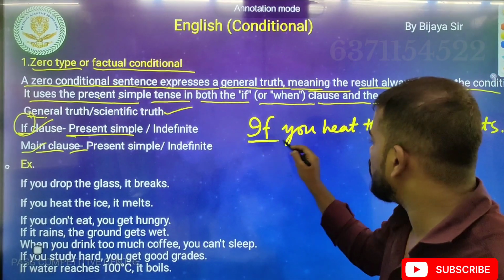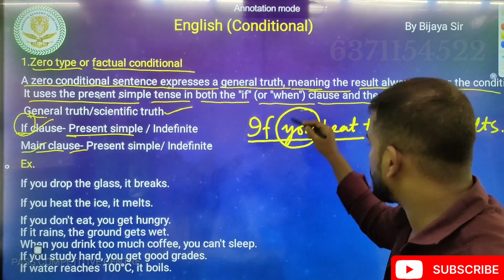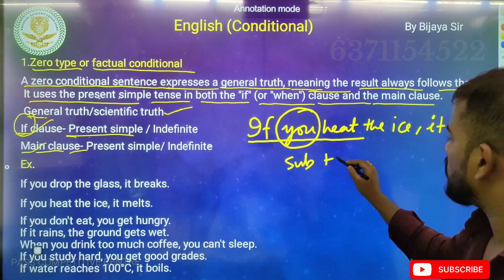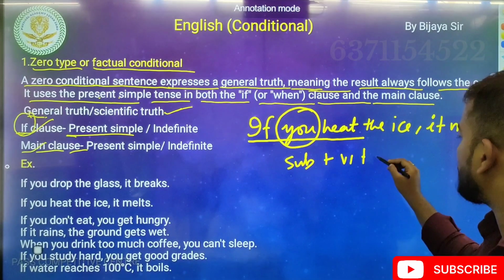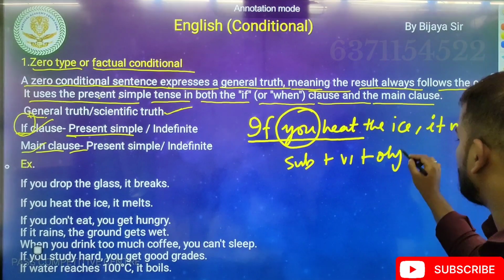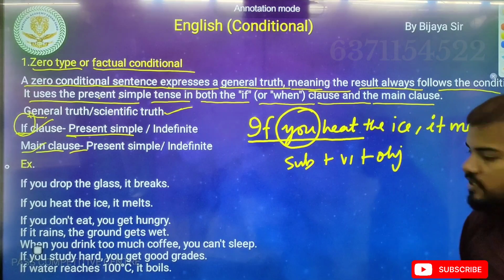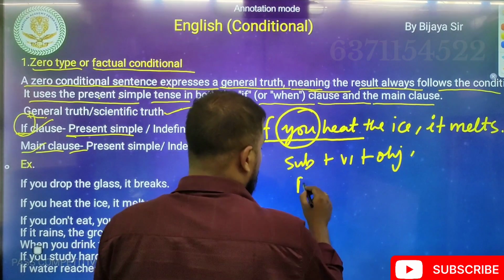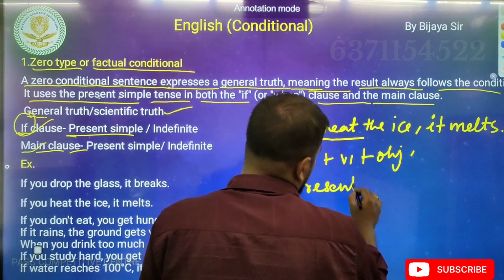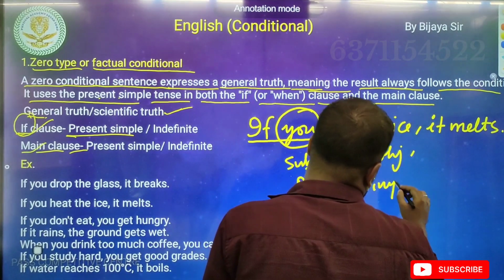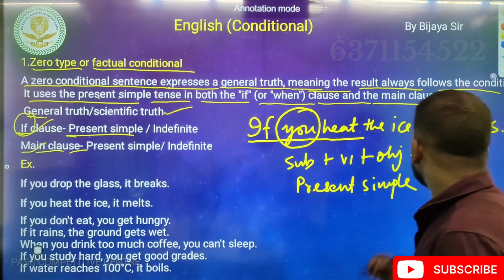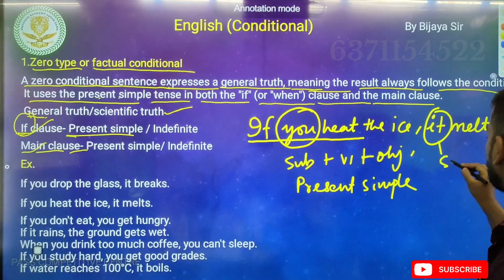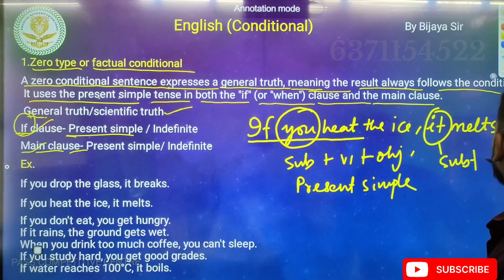Here this one is the if clause, you is the subject, heat is the verb first form V1, plus the ice is the object, dear student. If you heat the ice, it means present simple, subject plus V1. Then it melts: it is the subject, plus V5.